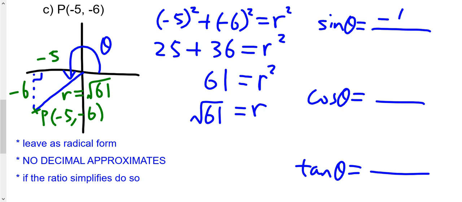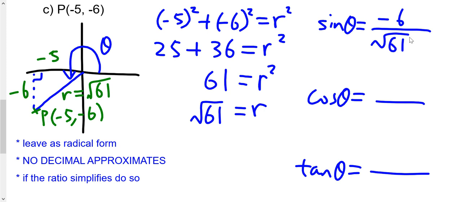So -6 over root 61. At this point, this is a perfect answer. It's just the exact value, and you have the correct sign. But when you work out questions from a textbook or some other questions from the internet or elsewhere, you may see that this is not the answer they have. Why? Because they may have rationalized the denominator.